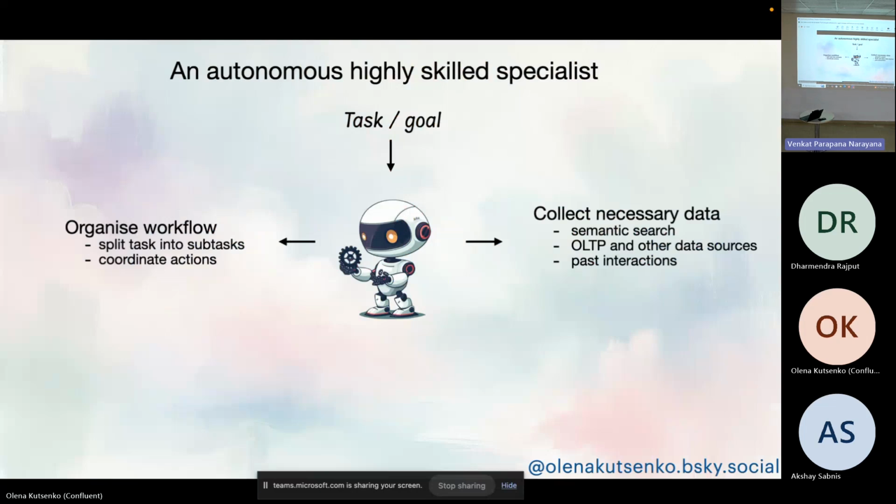Because often when we work with agents, you usually can go and collect additional resources from external data sources. Here we can be using semantic search or OLTP or OLAP databases, anything like that.